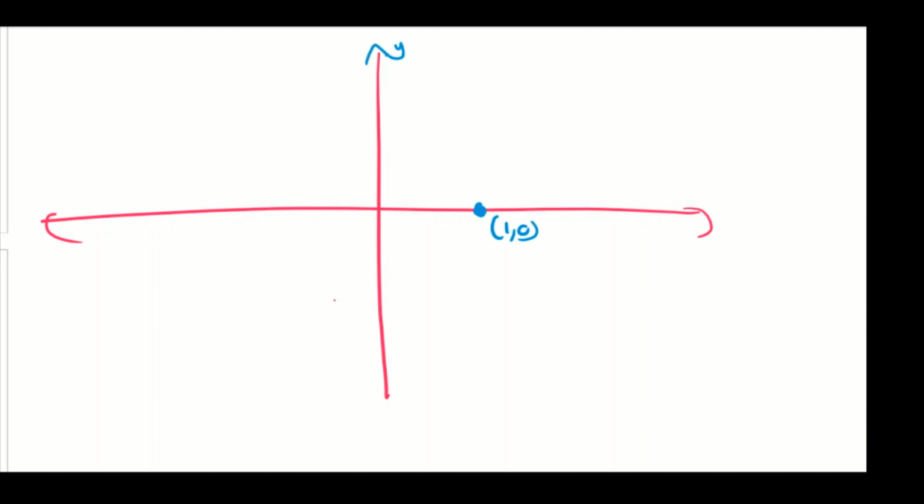So this is your y-axis, this is your x-axis. Your graph is going to move like this, meaning that it won't touch your y-axis. So this is your inverse of f.